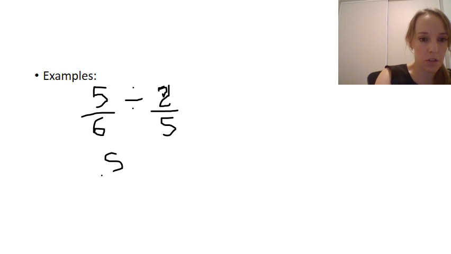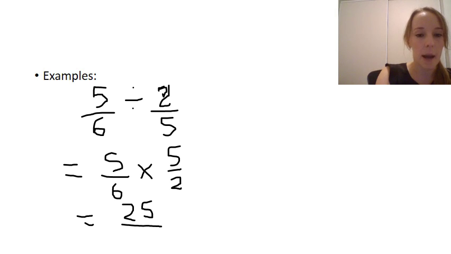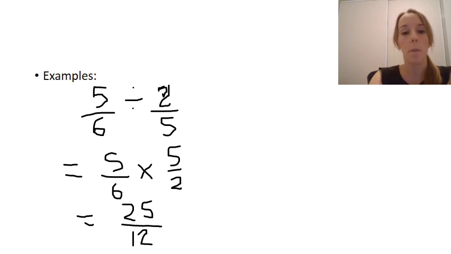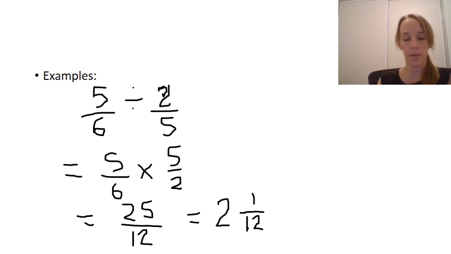So it becomes 5/6 multiplied by 5/2. So 5 times 5 is 25. 6 times 2 is 12. And we can turn that into a mixed number, which is 2 and 1/12.